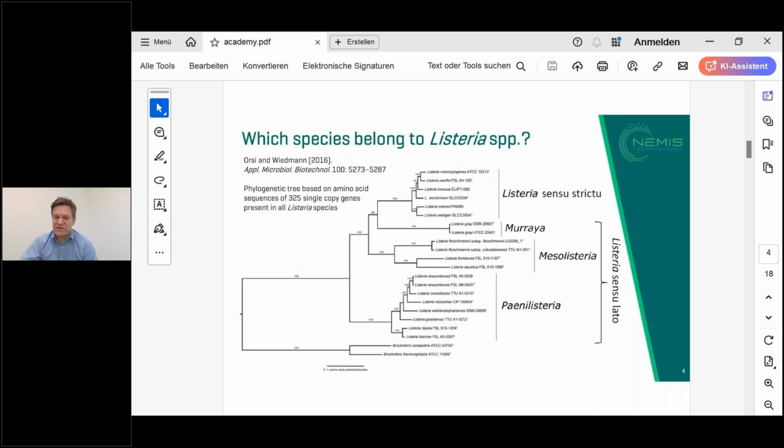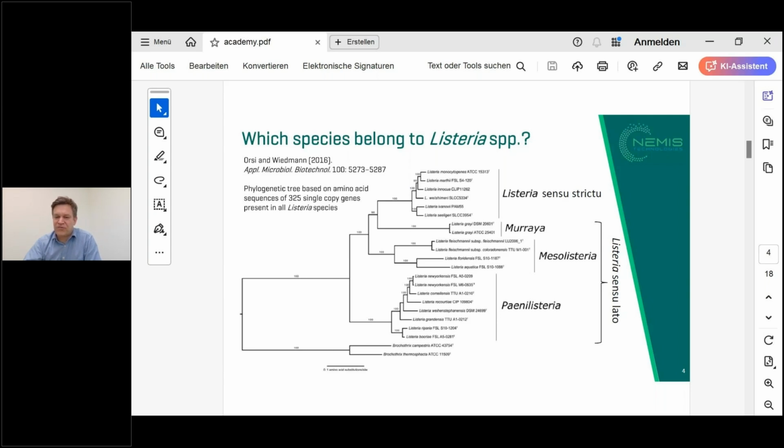So here is a more close-up view of only the Listeria spp. group of bacteria, from a newer genetic analysis. It's based on the amino acid sequence of 325 different genes which are found in all of these species and strains, and with that you can build a really highly precise phylogenetic tree for these organisms.